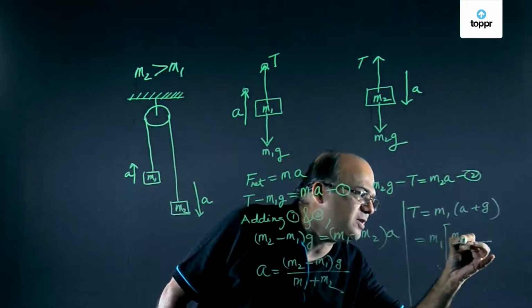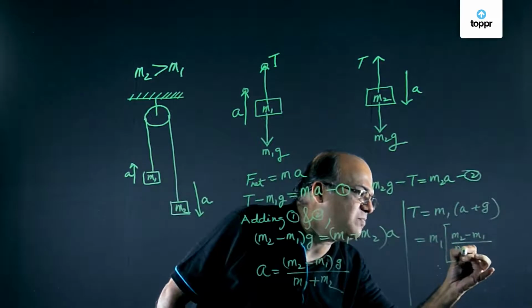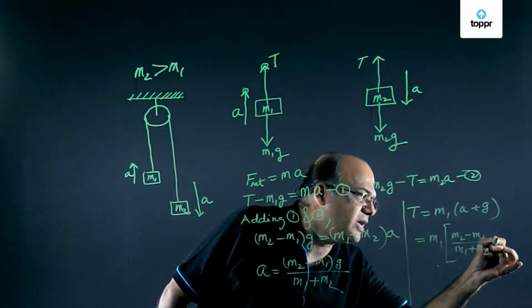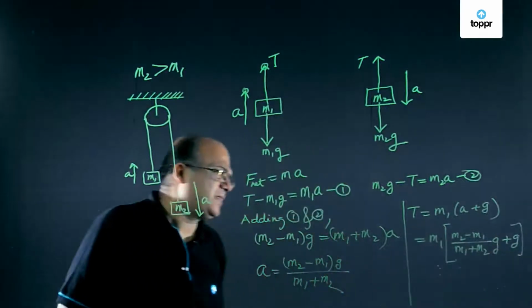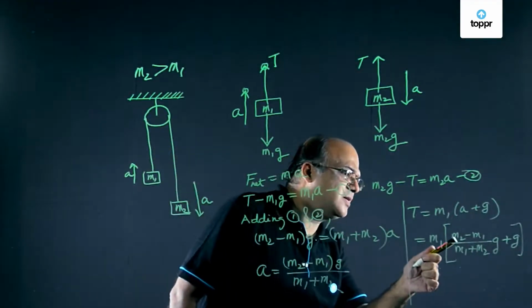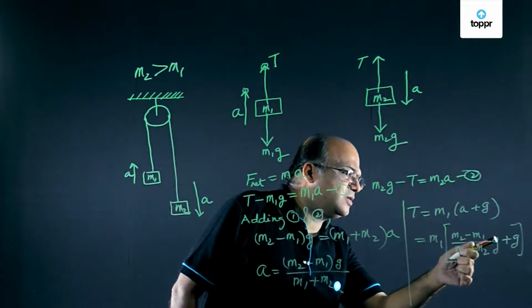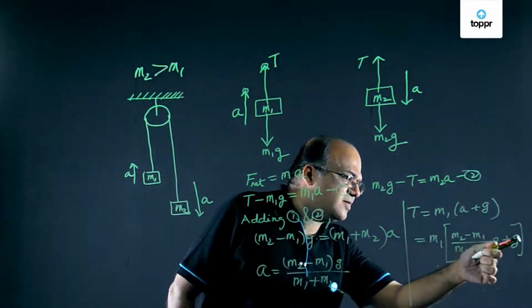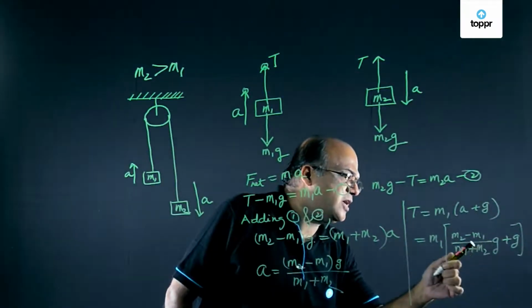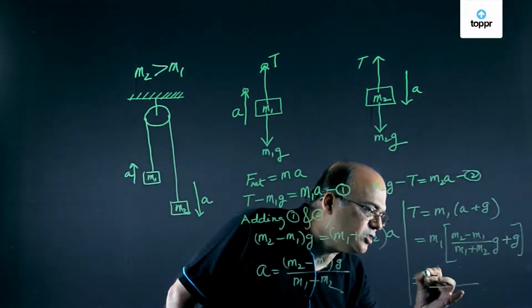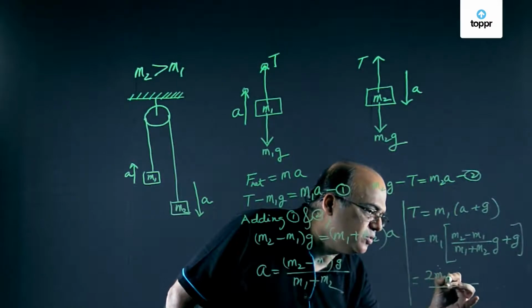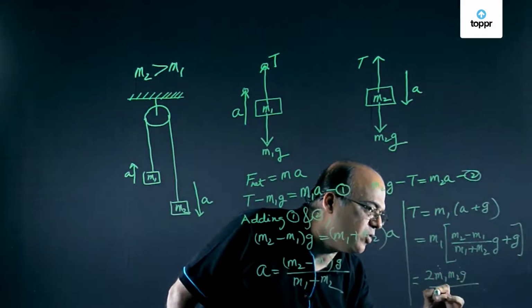M1 into (M2 minus M1)/(M1 plus M2) into g, plus g. Now if you simplify, M1g and M1g will cancel, M2g and M2g will get added up. So finally we will get the formula for tension: 2 M1 M2 g by (M1 plus M2).